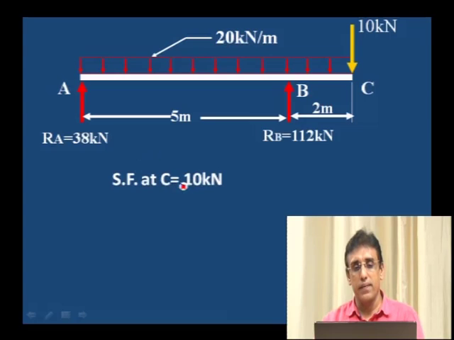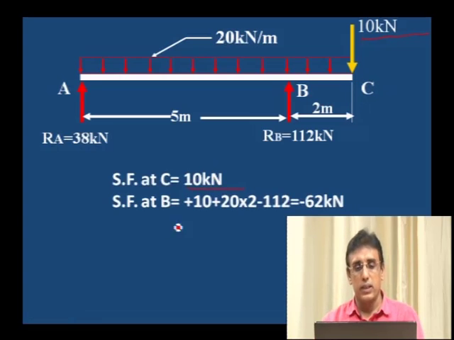Shear force at C, you should be familiar by now, is 10 kilonewton acting at C. Shear force at B is 10 minus 112, and one more is the UDL, 20 into 2, the distance is 2. 20 into 2 is one load, 112 is the RB and 10 is the point load.